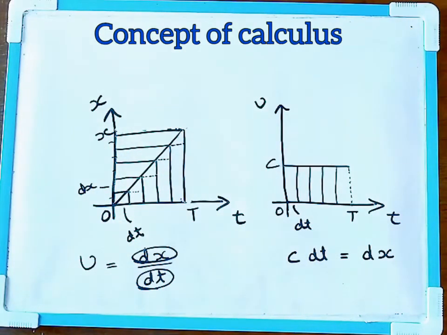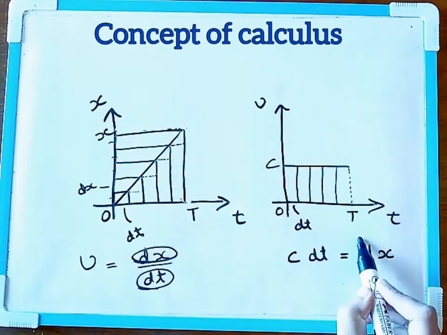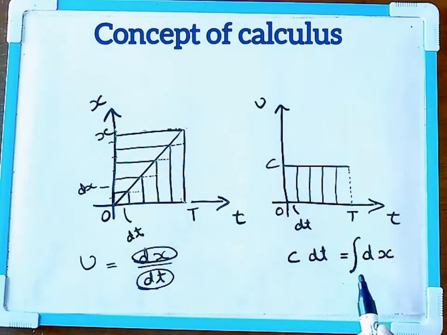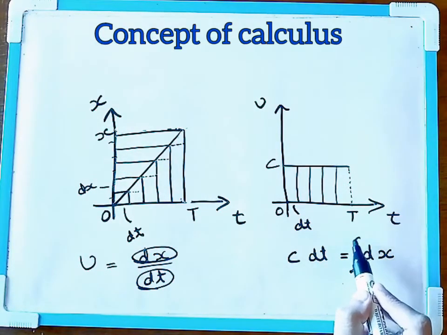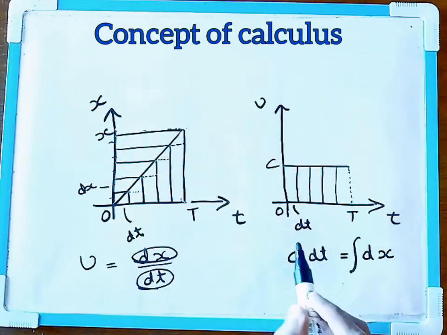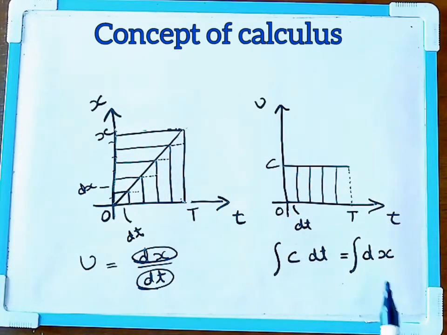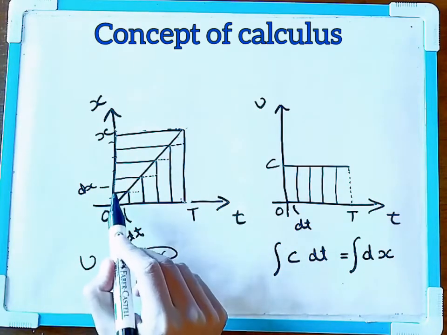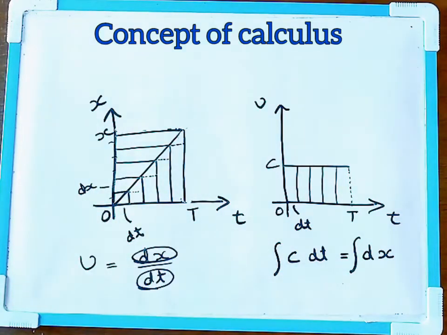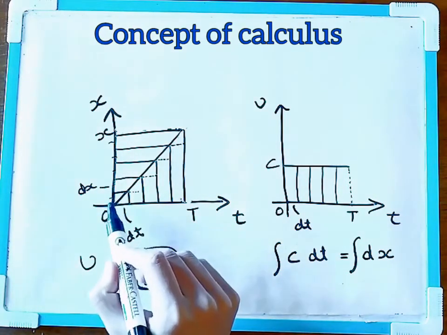And that summation is called integration. What I'll do here is I'll integrate. So this is the symbol of integration. If I integrate this side, I should also integrate this side. So if I integrate these dx, then I'll get the displacement x.